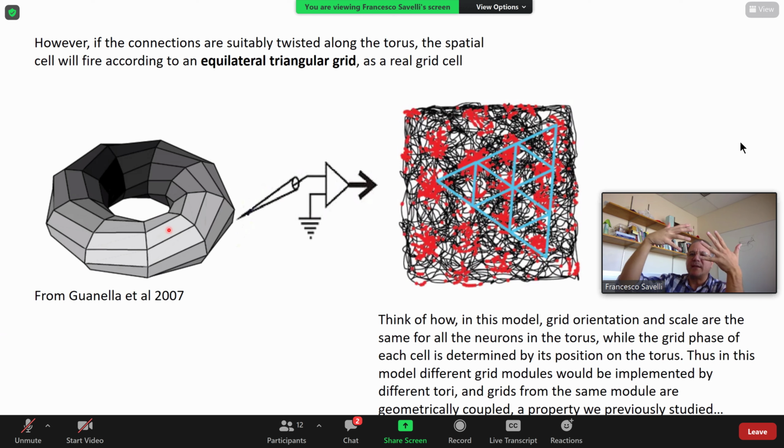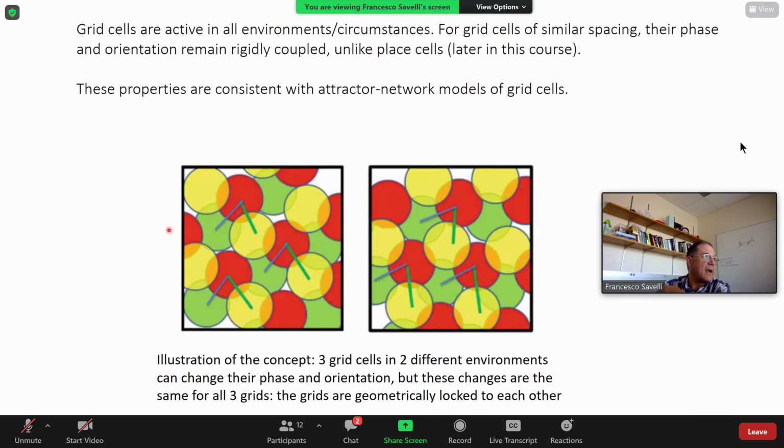So the way that the grid pattern is offset from cell to cell is always the same. That is the property that we studied before, right? Remember?